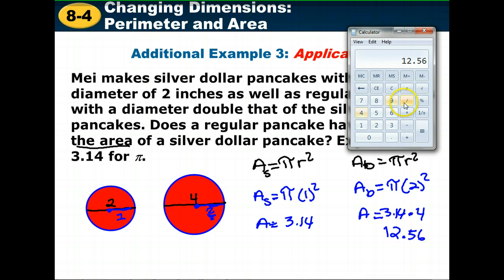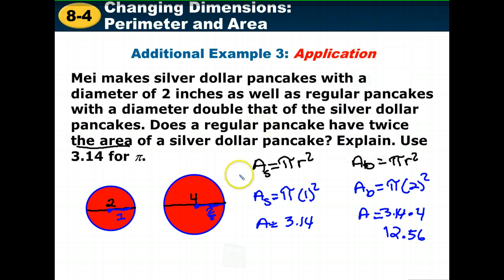So we get 12.56 divided by 3.14, and we can see that the area quadrupled. Same concept as the rectangle. We double the dimensions, and the area is going to quadruple. So no, the area is not twice. The area quadruples.